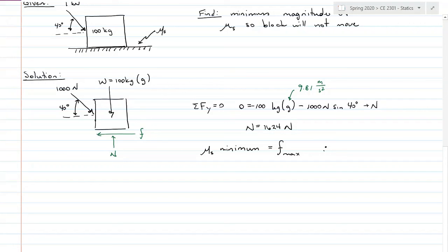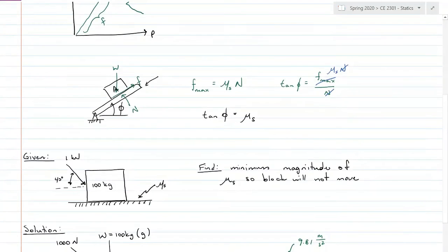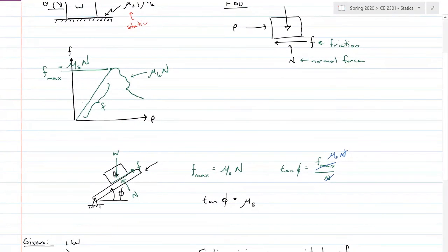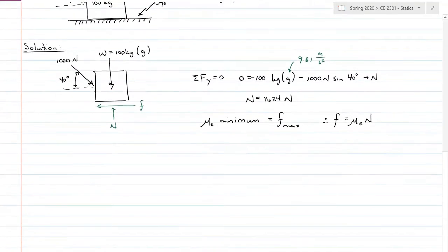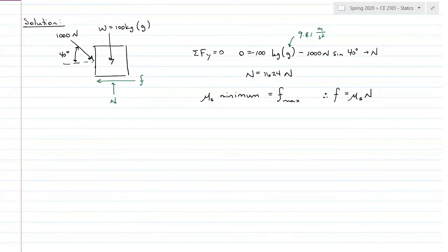So therefore, my friction force is equal to mu s N, because we want it just before movement. Which is that funky chart that I put up here. You can have friction at any point, but if we want that maximum value just before movement, where it starts slipping and scooting along the ground, that's the maximum value, mu s N. So that's going to be in the x direction.